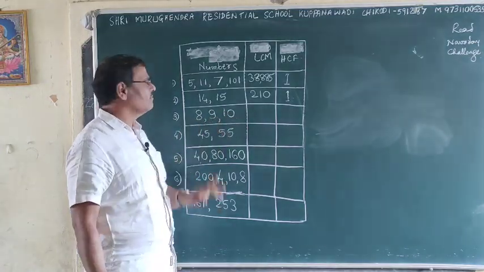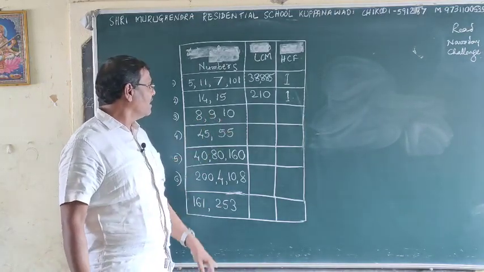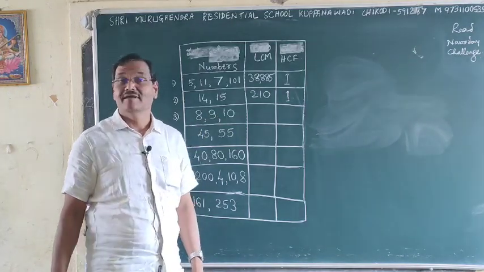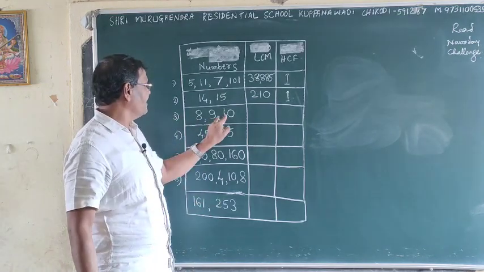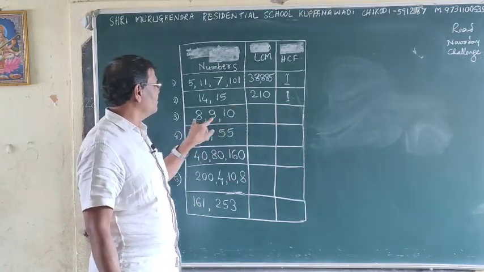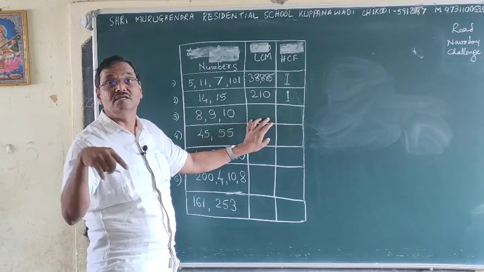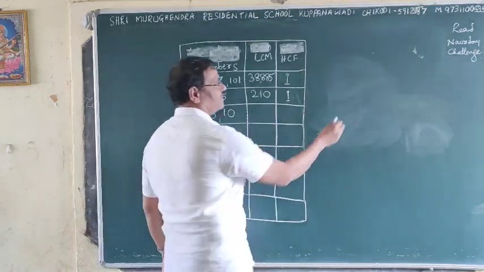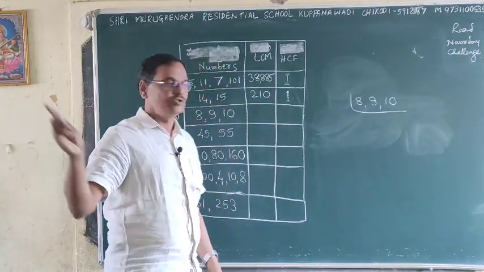Again these are co-prime numbers, but see, 8 and 10 are not, and if it is 3, I can't give you a guarantee. So 8, 9, 10 are not all in the same table.